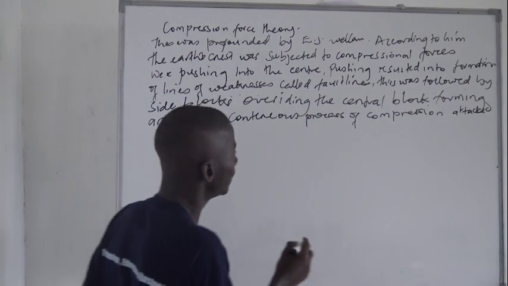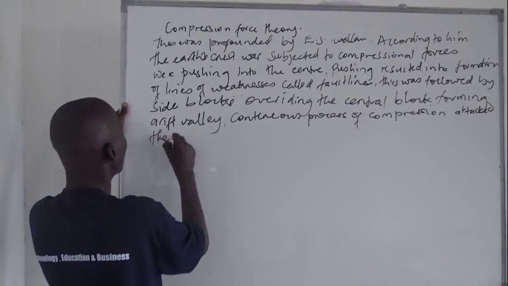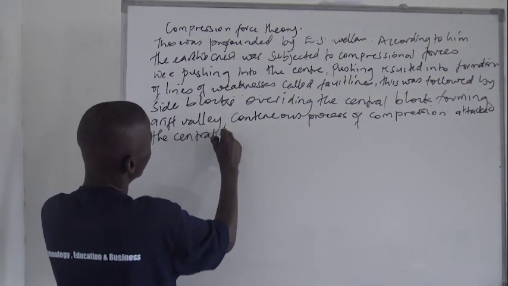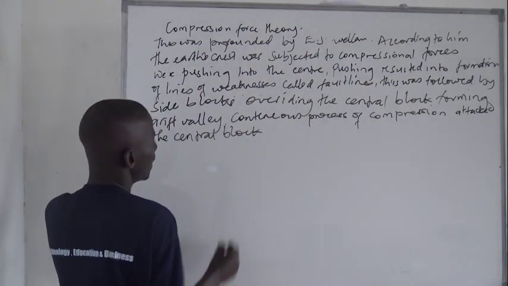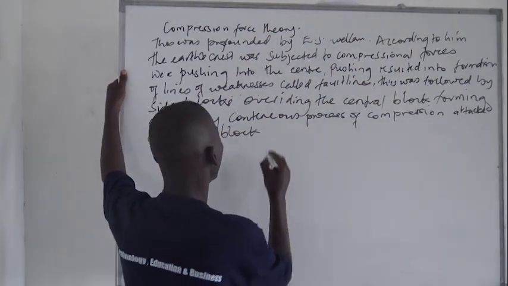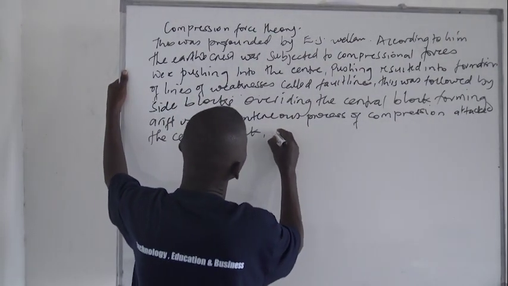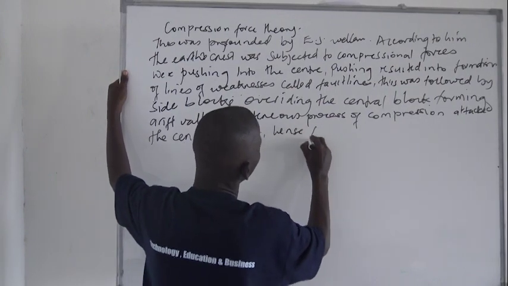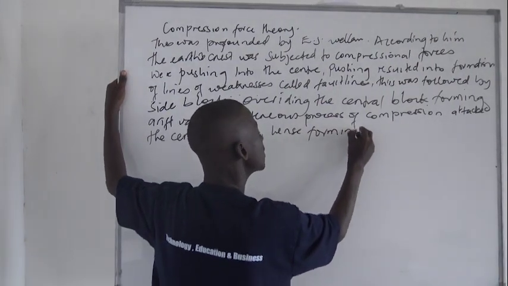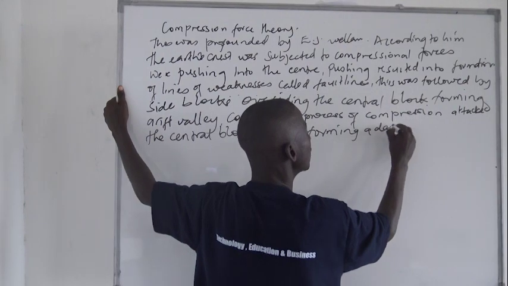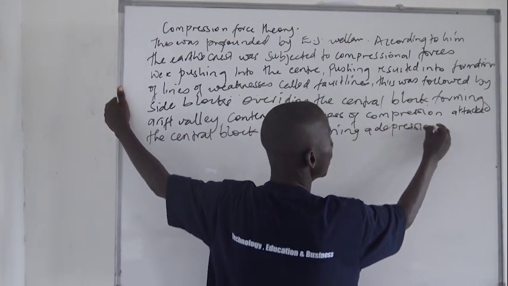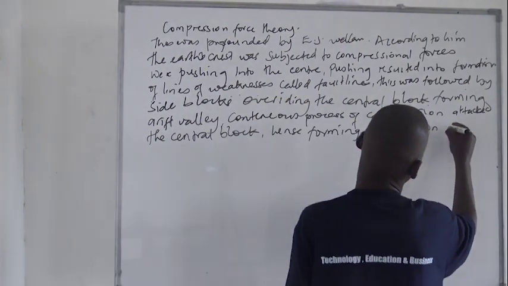It attacked the central block. After attacking the central block, a depression was formed. Forming what? A depression within the Rift Valley floor.